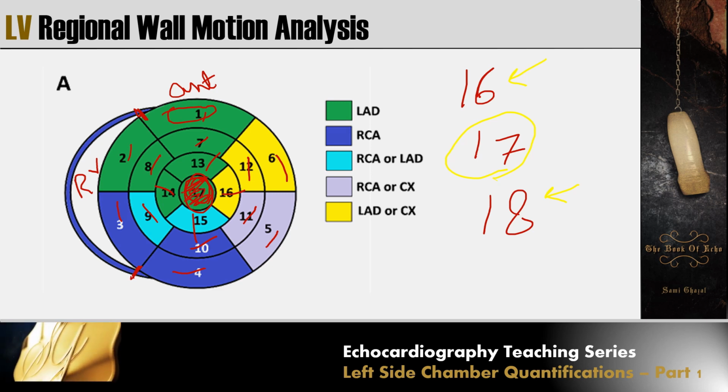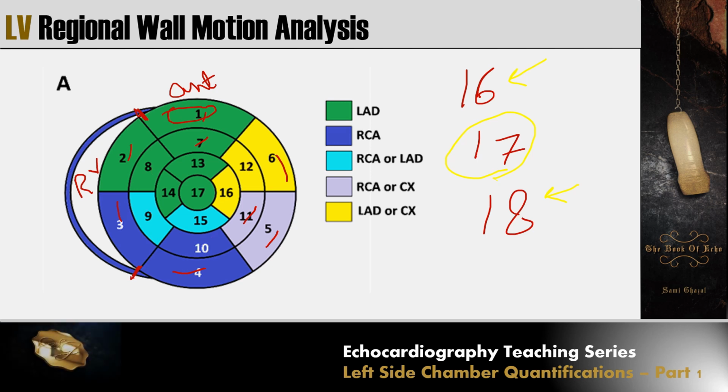In the 18 segment model, you will have 6 segments of the apex, similar to the mid-level and basal level. As you can see, basal level is 6 segments, mid-level is 6, and apical will be 6. But again, the recommended model now is the 17 segment, and it is used not only in echocardiography, but also in SPECT and MRI.